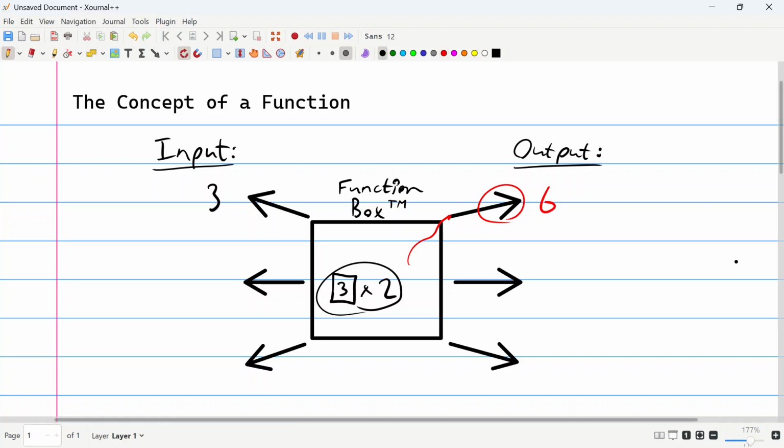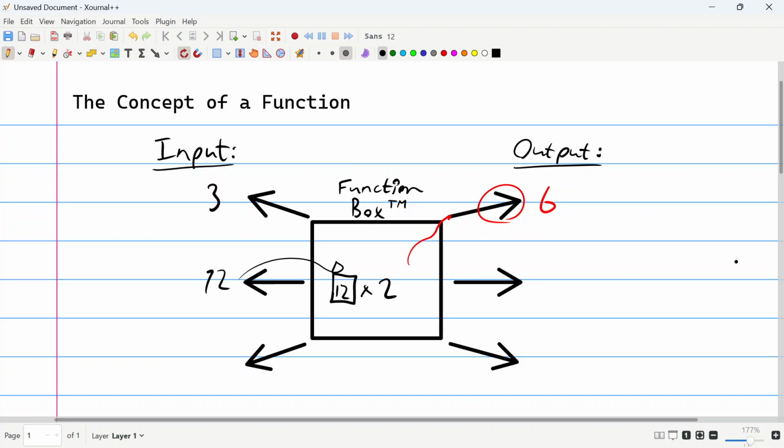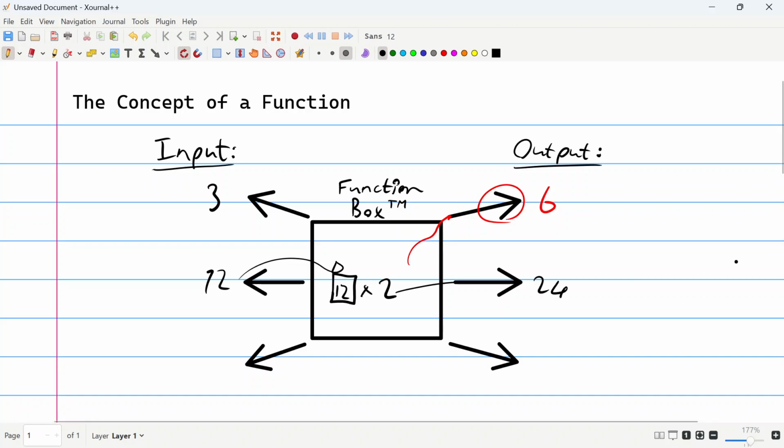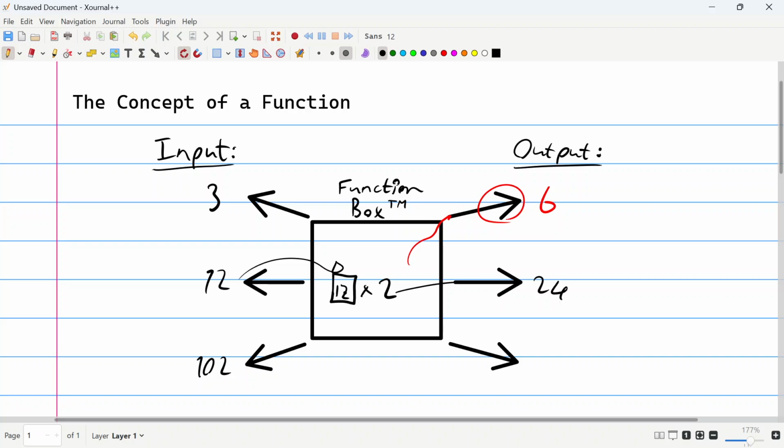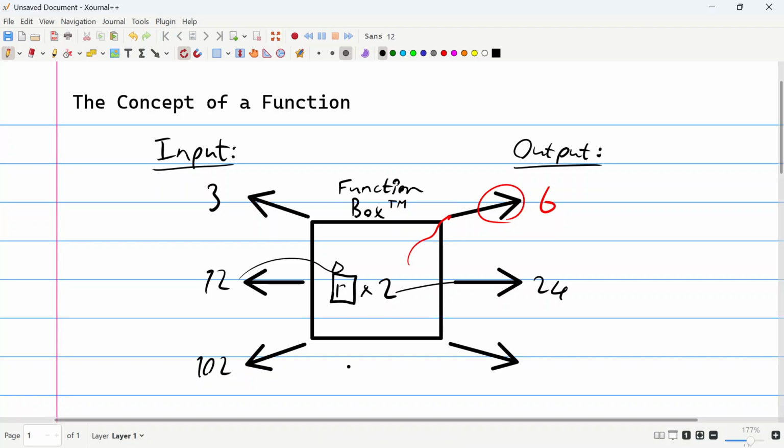And if we look at another value, let's say maybe 12, then it goes into the box, then 12 times 2, it produces an output which will be 24. And if we say maybe 102, it also goes once again in the box, and it does its function stuff. My thing is wonky. Anyway, it goes in the box, 102, multiplied by 2, we'll get 204.